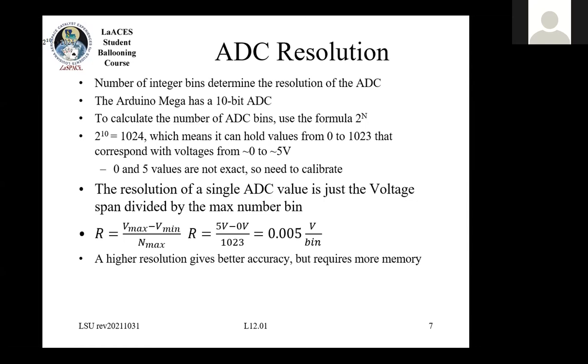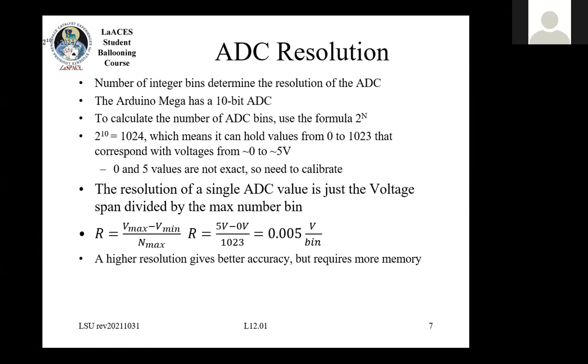In particular, the Arduino is a 0 to 5 volt ADC. And if I have a larger number of integer bins, if I have more possible values, each one of those will span a smaller amount of voltage, so I'll have a higher resolution. The one on the Arduino Mega is a 10-bit 0 to 5 volt ADC.